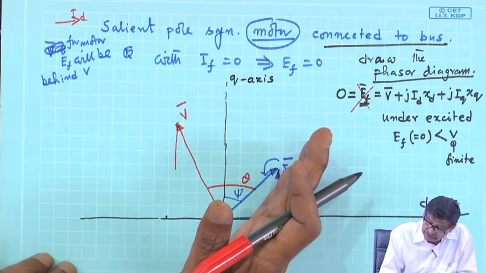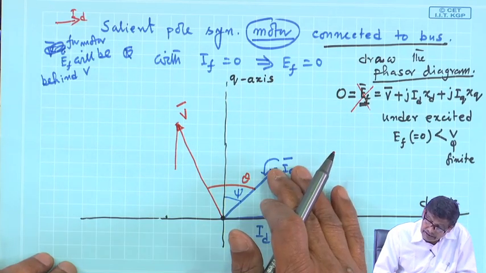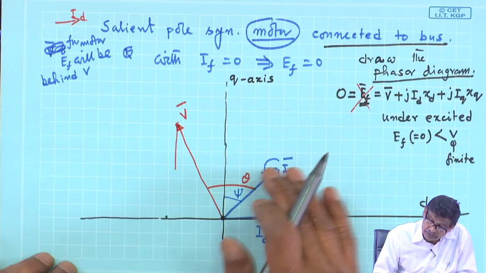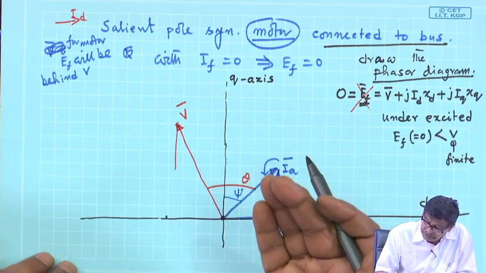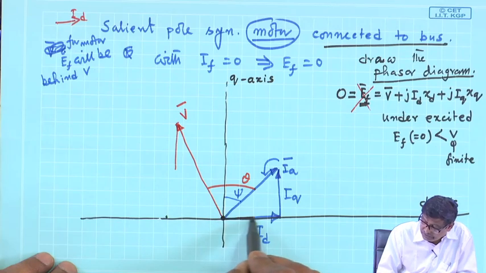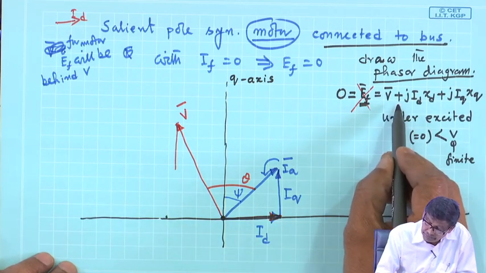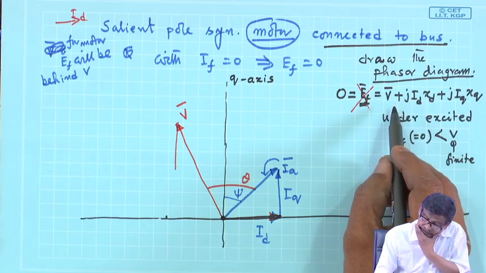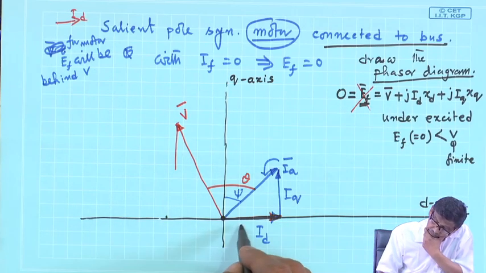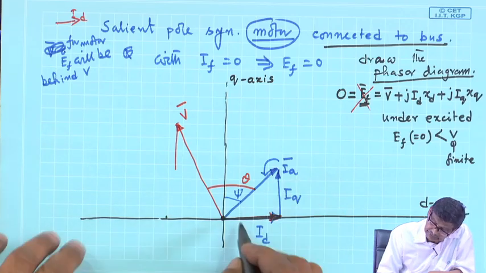Under excited means lagging power factor. So, you get Id, Iq, then in case of motor V should be ahead of Ef. These same arguments I am repeating, because I am facing some problem. So, this is the thing, Id Xd. Now, to this V you have to add j Id Xd. Why is it giving like this? j Id Xd will be like this.